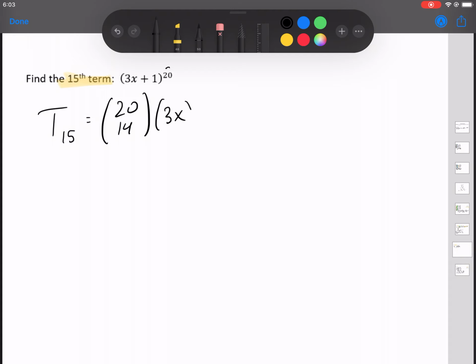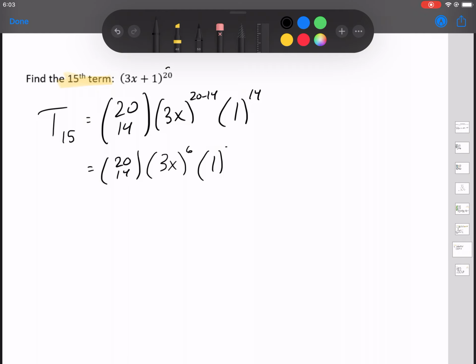Multiply that by 3x raised to the 20 minus 14, multiplied by 1 raised to the 14th power. So we've got 20 choose 14, 3x to the 6th power, and 1 to the 14th, which is just going to be 1. So you're just typing this in. Really, you don't need to type the 1 to the 14th in because it's just 1.